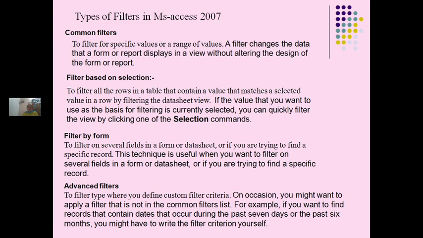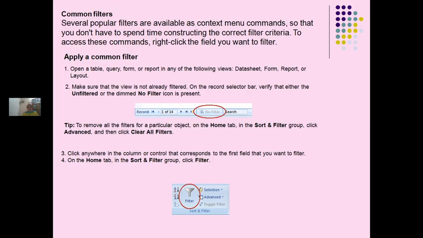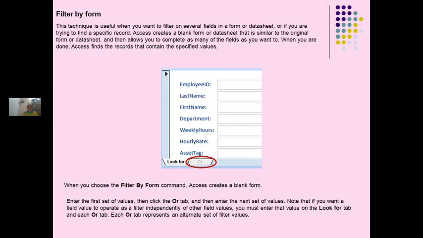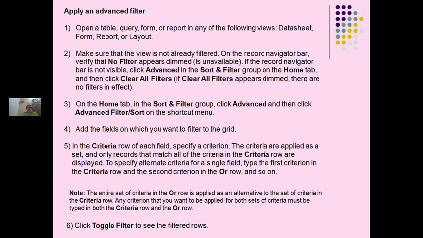What are the types of filters? Common filter, filter by selection, filter by form, and advanced filter, and we have seen how to use each and every filter. What is a common filter, what is filter by selection, what is filter by form, and what is an advanced filter.